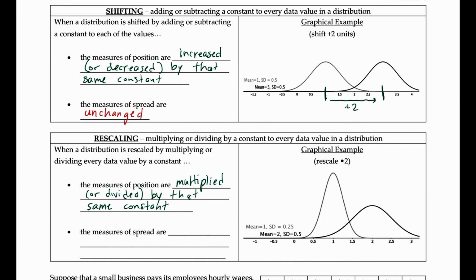So things like mean, maximum, third quartile, they're going to end up getting moved based off of that scale factor. So here I have an example.